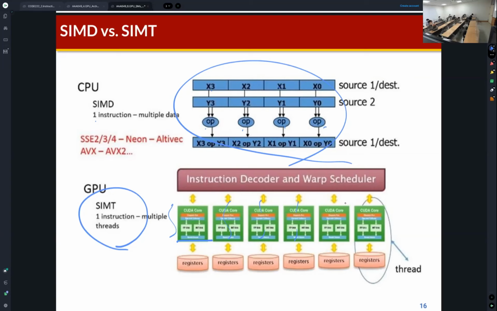And these separated threads also use separated register files like this. But as you can see, the execution model is similar, but we can say that in the SIMT model, simply the threads are separated.